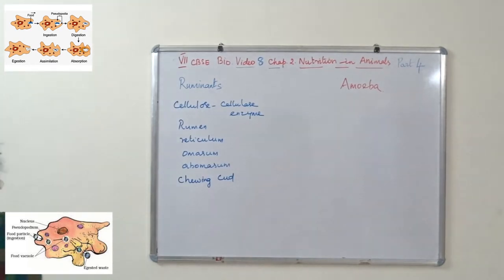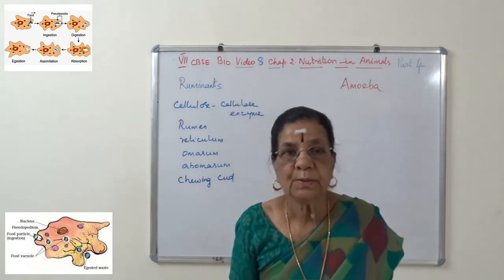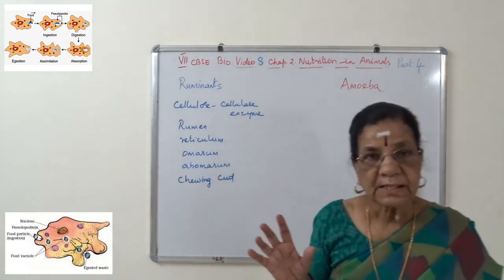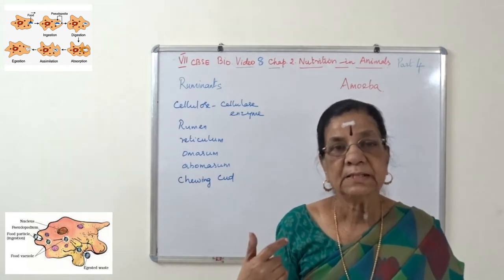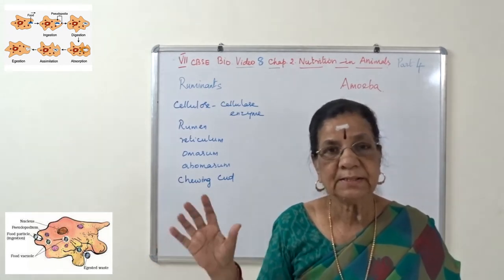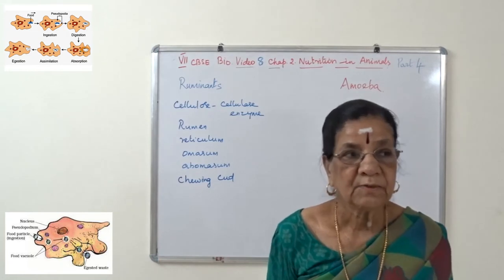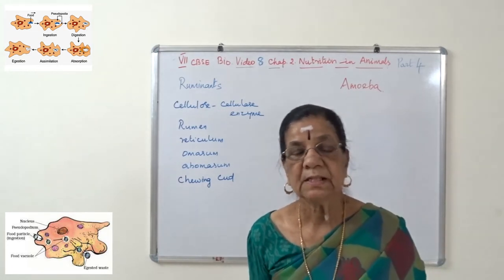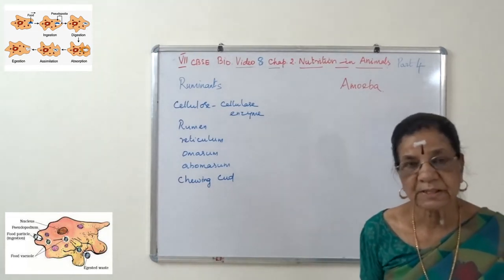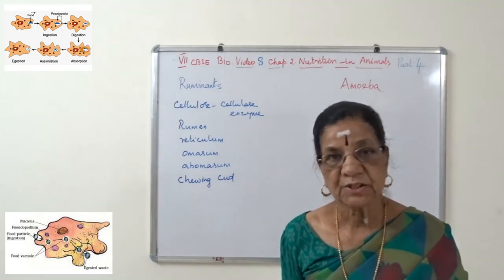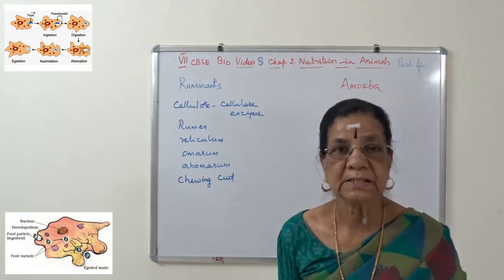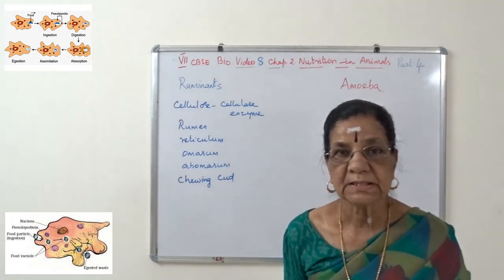So it is similar to that of the human digestive system except the stomach structure, right? And then it will eat only grass and plants, where in the stomach structure the cellulose is getting digested by certain bacteria. I hope you understand.